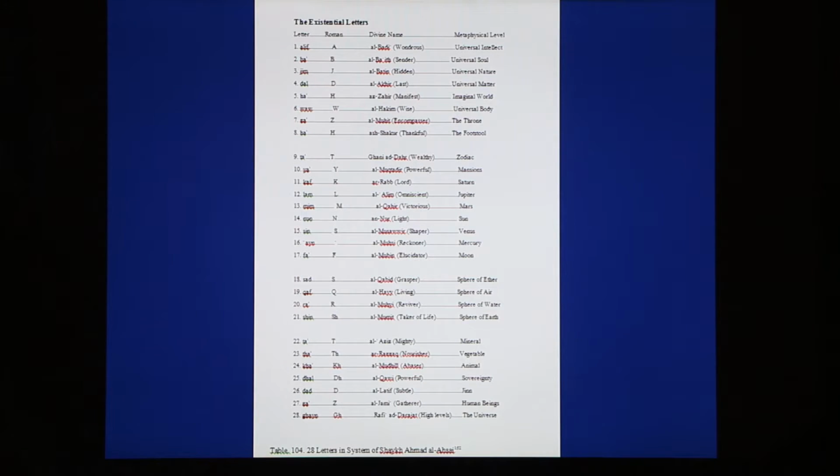Here is an 18th century Sufi man called Sheikh Ahmad al-Absai. And what do we have? We have now the 28 letters called the existential letters, linked with the divine names, and then the descent from the metaphysical down to the universe.